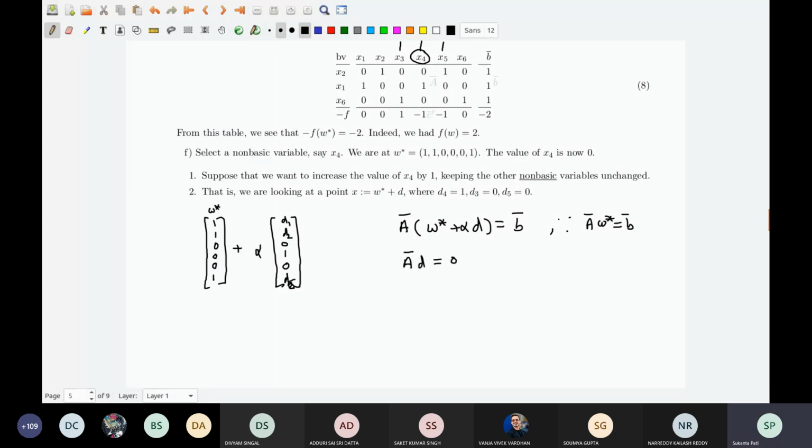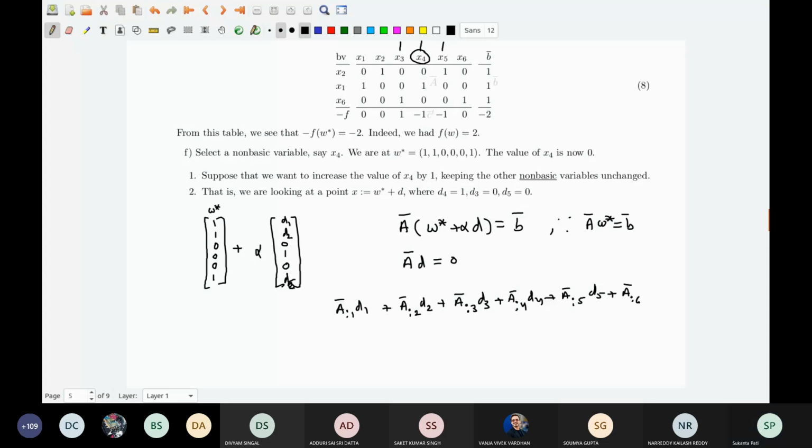Alpha is some non-zero number. But this basically means A bar column 1 times D1 plus A bar column 2 times D2 plus A bar column 3 times D3 plus A bar column 4 times D4 plus A bar fifth column D5 plus sixth column D6, and that has to be 0.